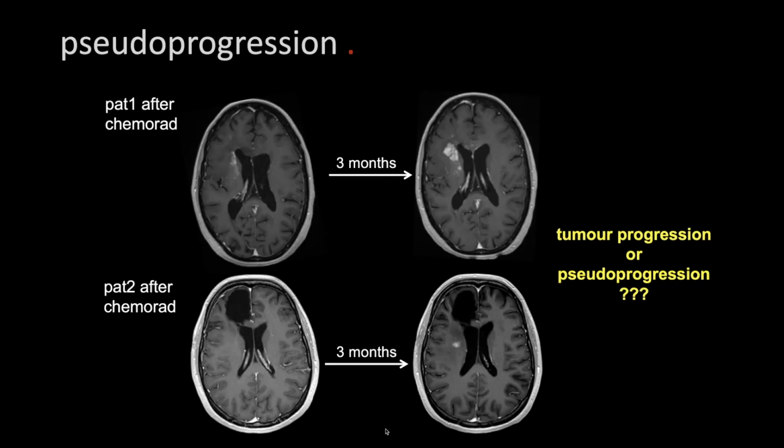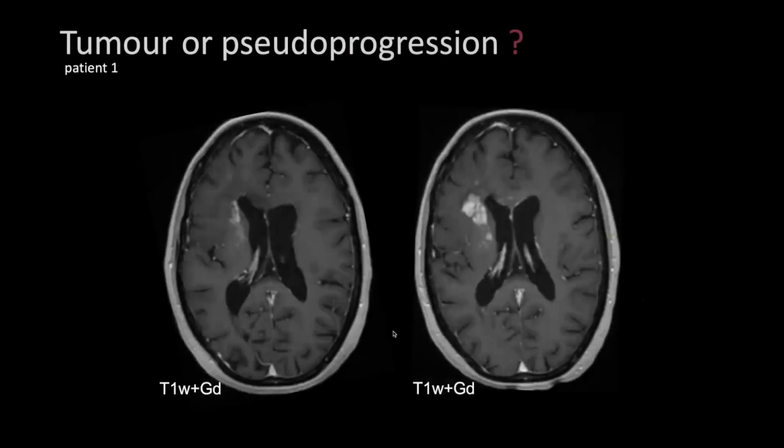And again, conventional imaging is all we use at the moment in clinical trials. And this is something that I see about 10 times a week in our brain tumor board meetings. I get the question, is this tumor progression or is this pseudoprogression? Of course, remember, for the patient, this is a huge difference.